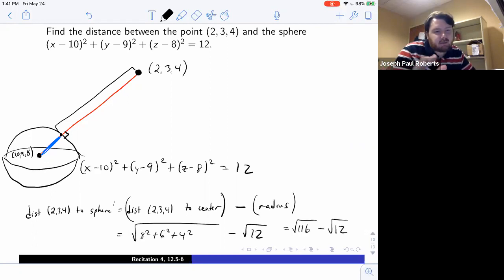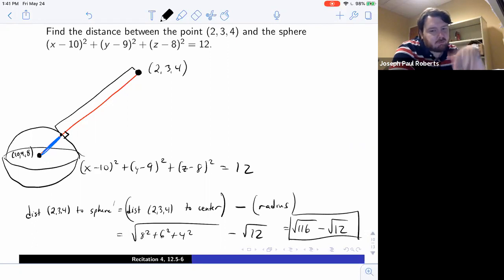If the point was inside the sphere, it would be closer to the center than the radius, and this would be a negative answer, but clearly this is a positive number, so that's what we're after. So distance to sphere is distance to center minus the radius, right? Because this blue right here is square root of 12.